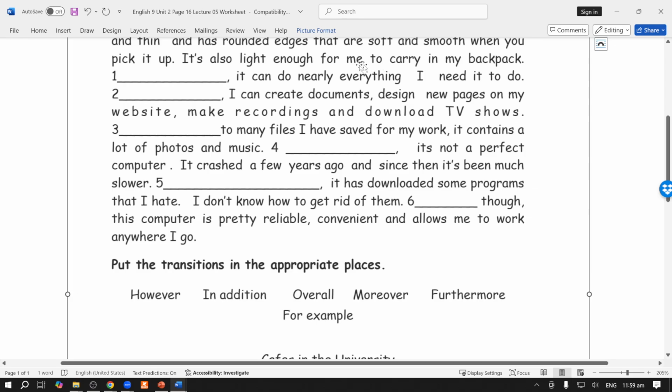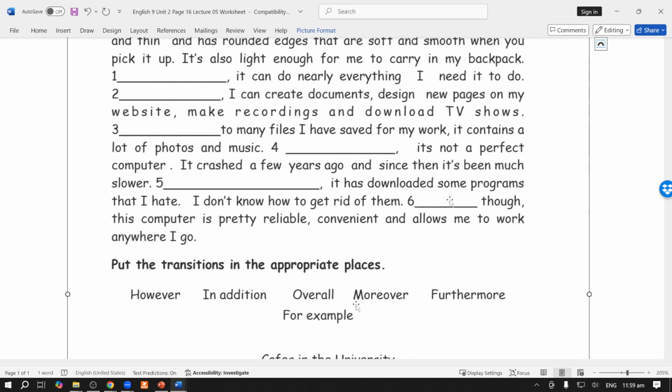So what next? Dash, I can create documents, design new pages on my websites, make recordings and download TV shows. So in the previous line, the transition word moreover was used. So now in this line, I can create documents, design new pages on my websites, make recordings and download TV shows.